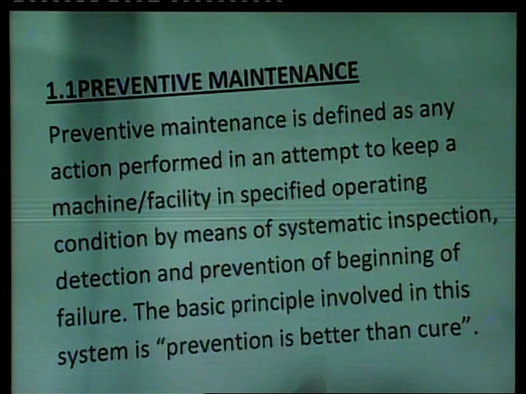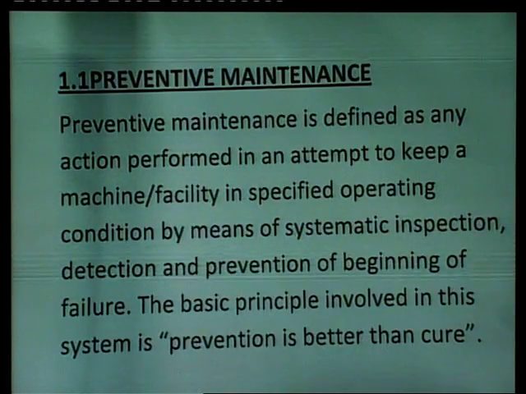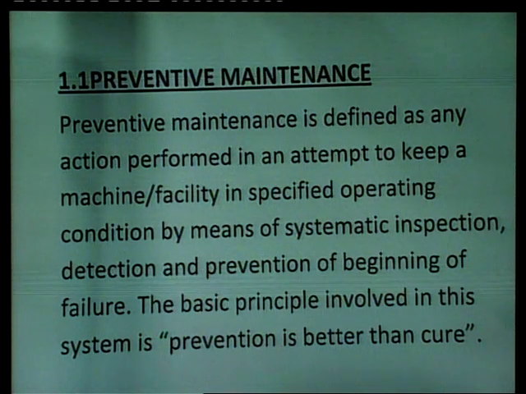Preventive maintenance is defined as any work performed in an attempt to keep a machine or facility in specified operating condition by means of systematic inspection, detection, and prevention of beginning of failure. The basic principle involved in this system is prevention is better than cure.